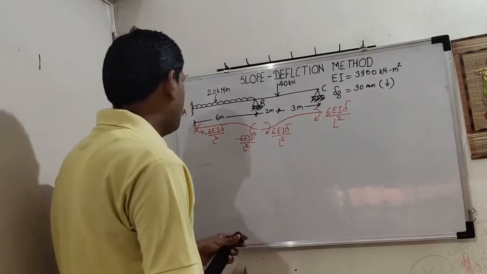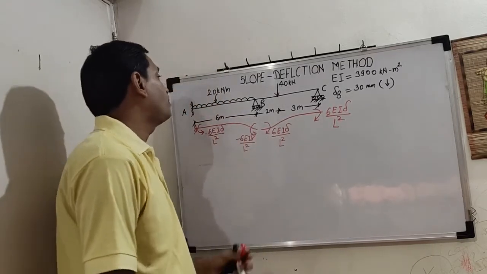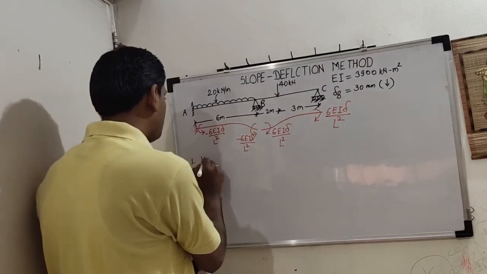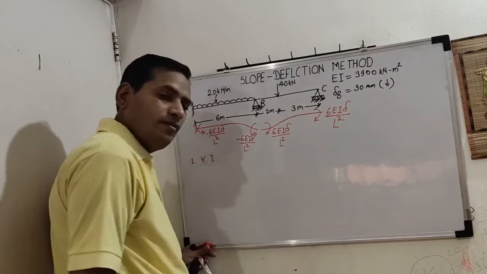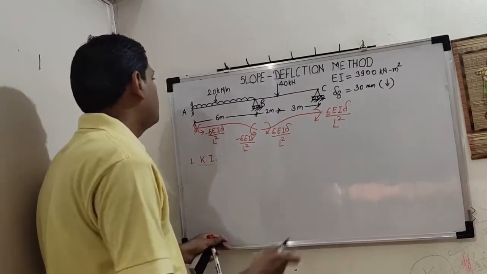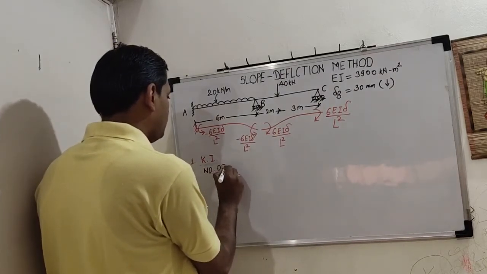Now, whenever we are solving slope deflection method problem, our very first step is always kinematic indeterminacy, Ki. So how to determine Ki? First thing, identify the number of joints, correct?